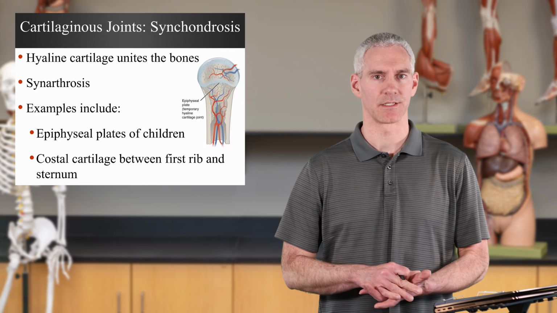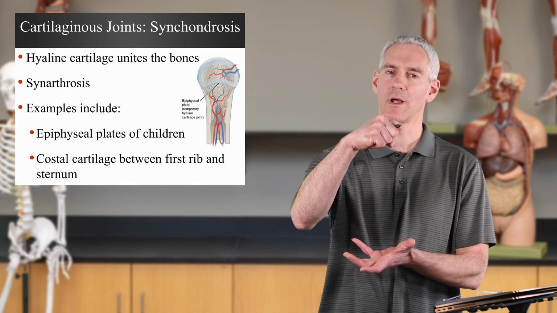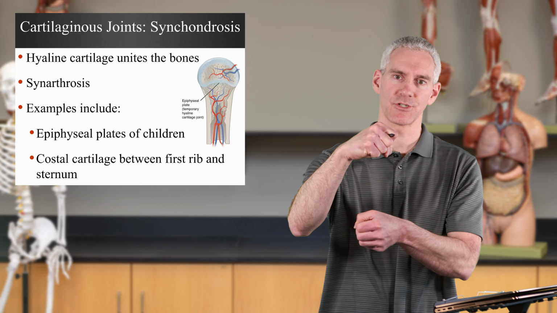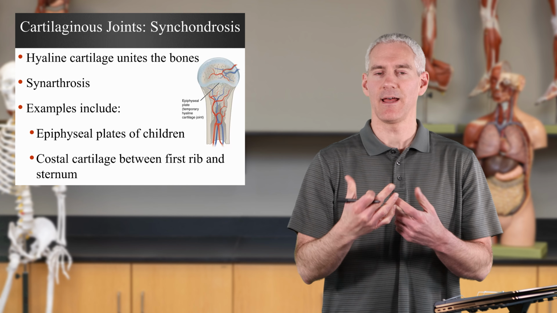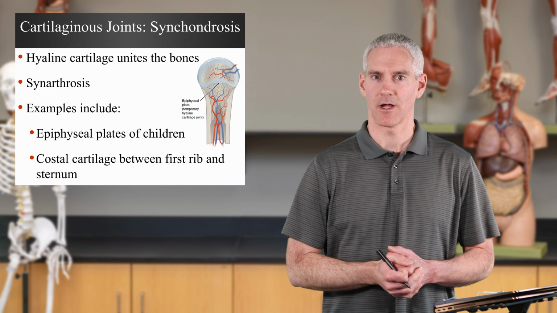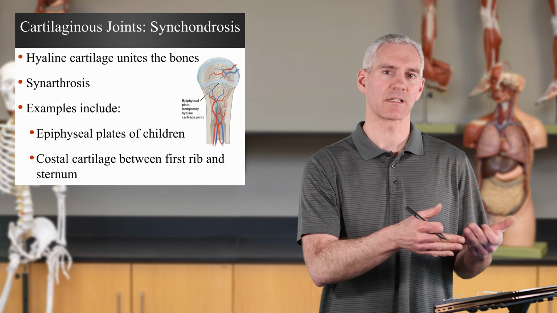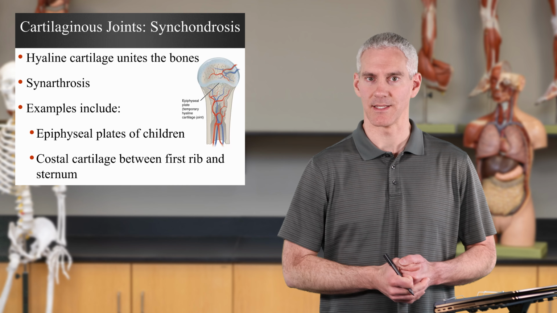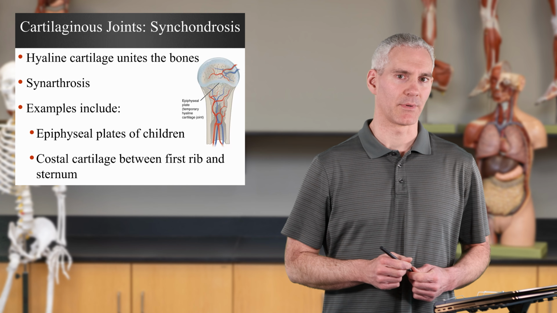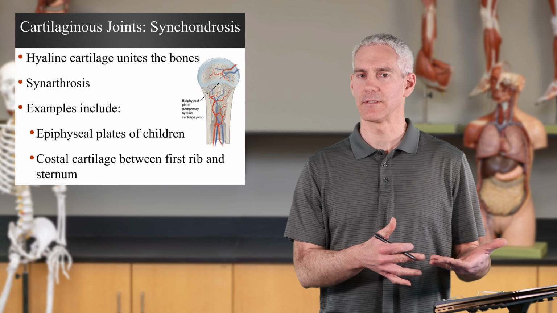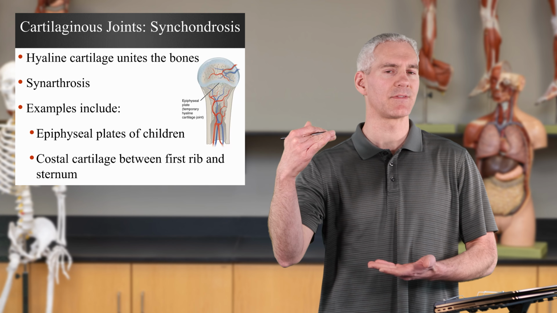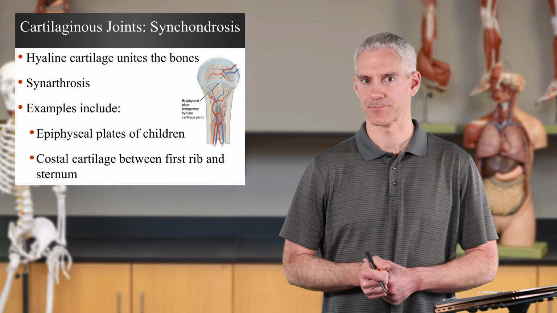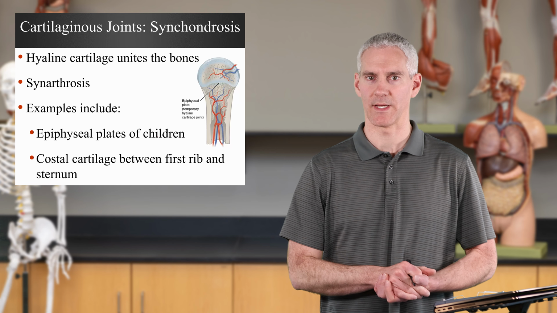It is a joint because it's holding the bone at the end of the bone plus the shaft together. So the diaphysis and the epiphysis are being held together because of this cartilage, the epiphyseal plate. So that's one example. Now, obviously, it's only in children because once you reach adult height, that becomes the epiphyseal line, pure bone. The cartilage goes away.